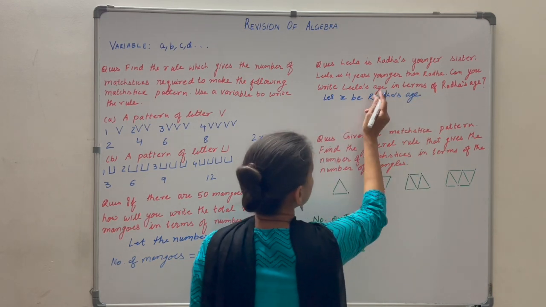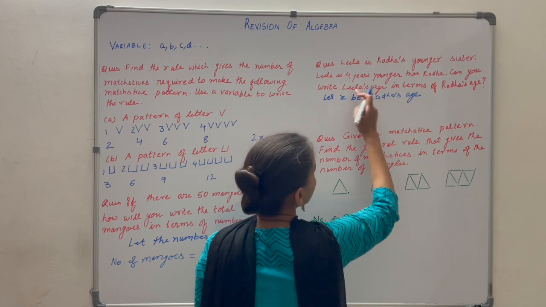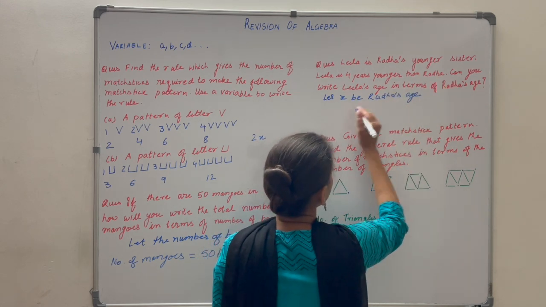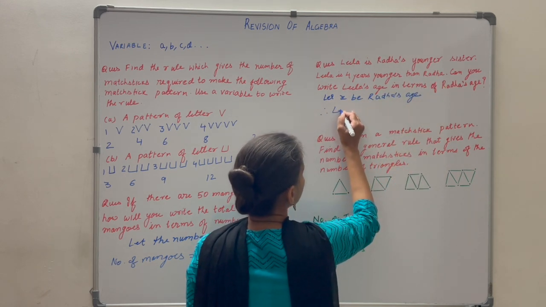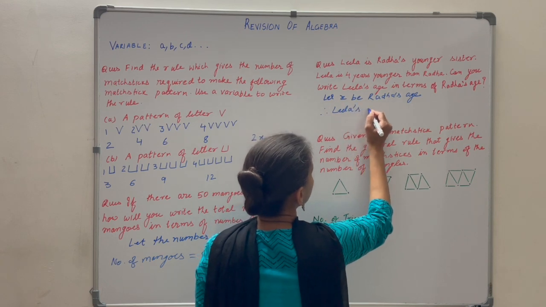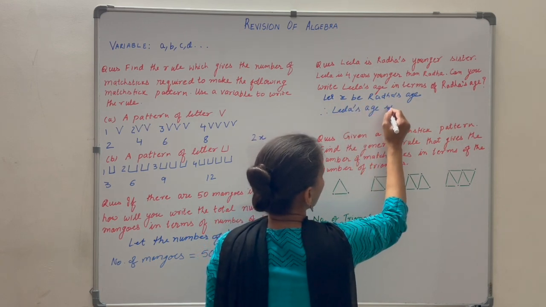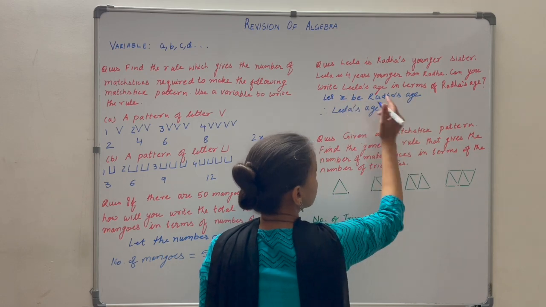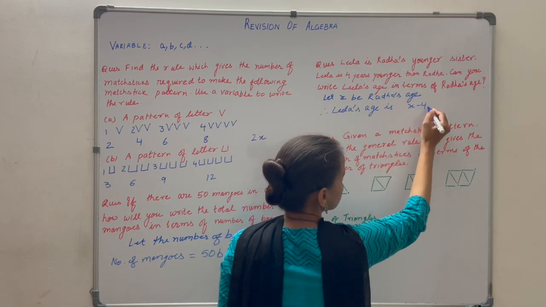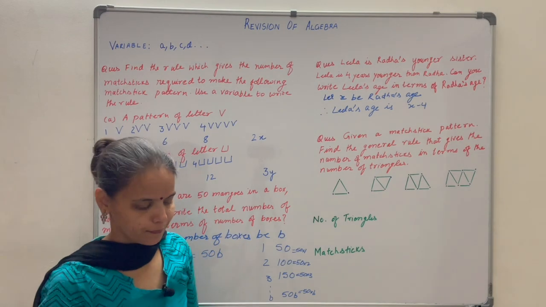So what is Leela's age? Leela is 4 years younger than Radha. Therefore, Leela's age is 4 years less than this. So that is X minus 4 years.